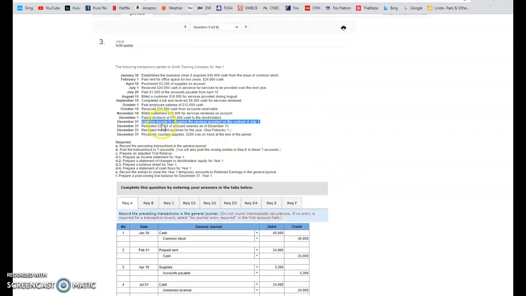The next one is to record 3,600 of accrued expense salaries. Accrued means we haven't recorded them. The employees have worked, and we need to accrue that, adding it in as salaries for December 31st.